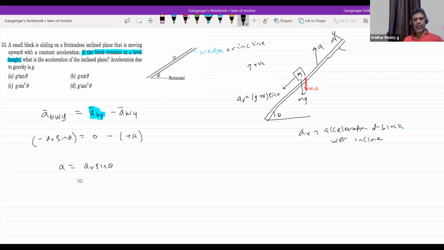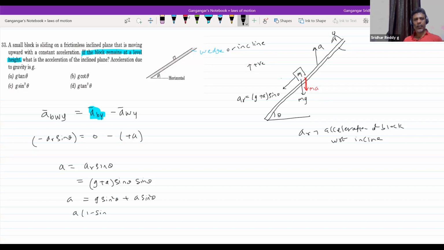So this will be g plus a sine theta, into sine theta. This will be g sine square theta plus a sine square theta.